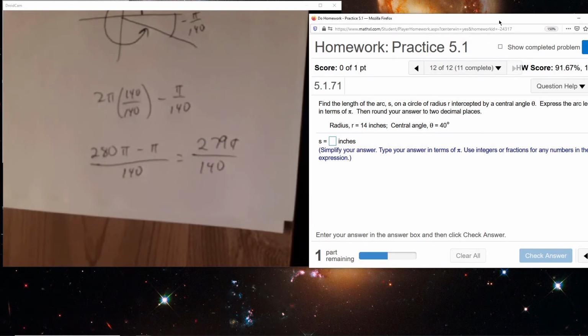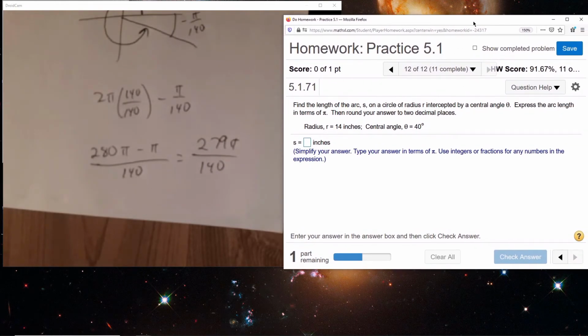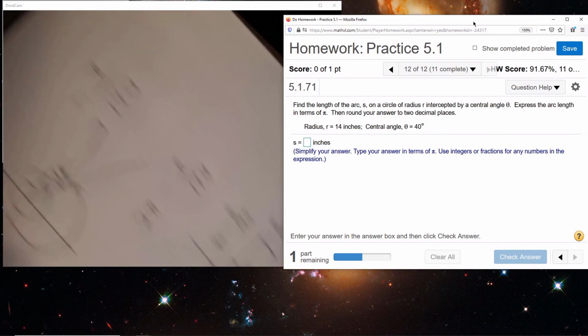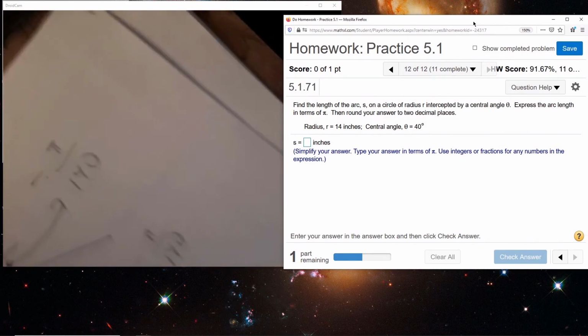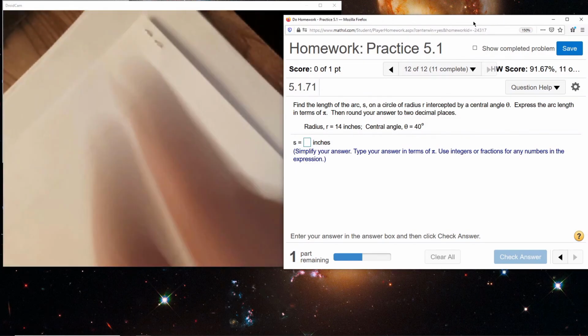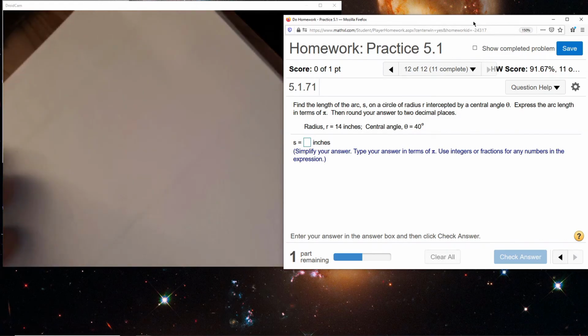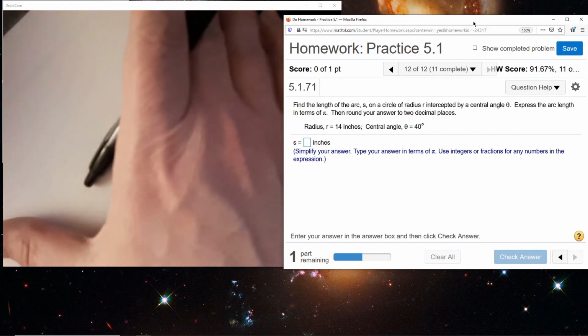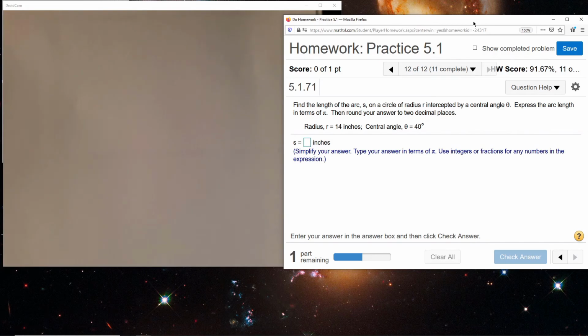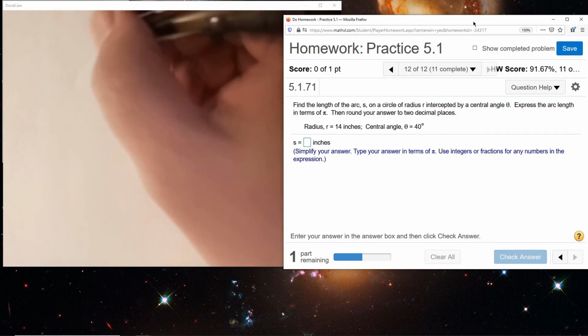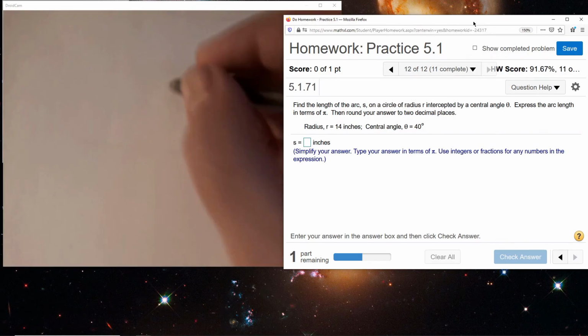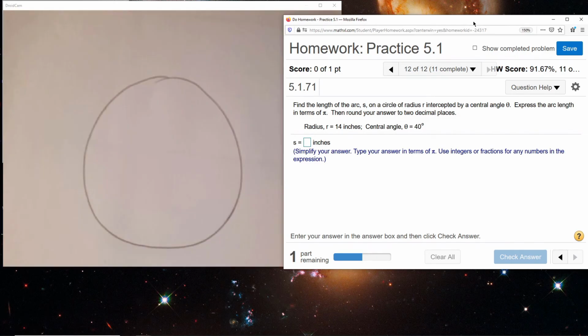And then our last question here. So let's check this one out. Find the length of the arc. So we're talking about arc length here. S on a circle of radius r intercepted by a central angle. So what all that terminology means, we have a circle.